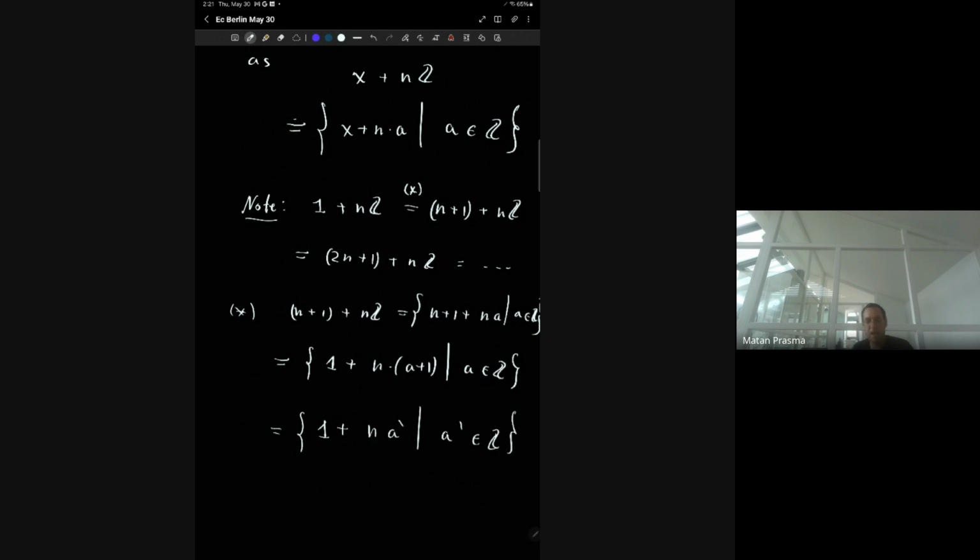If a is allowed to vary over all integers, then a plus 1 also varies over all integers. And this last set is what we call 1 plus nZ. Okay?